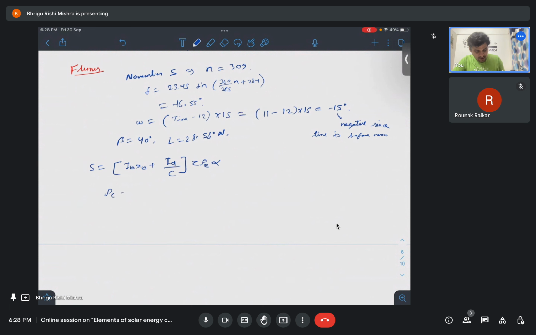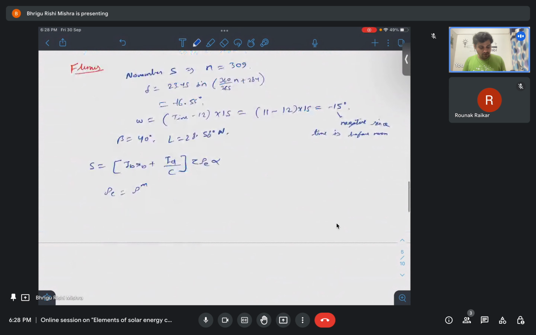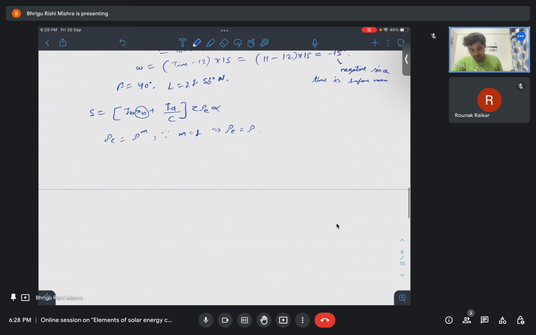So rho_E is rho to the power m, where rho is the reflectivity of the mirror or reflecting surface, and m we have already calculated, m equals 1. Since m equals 1, rho_E equals rho. Okay, now all the quantities are known here, the only unknown quantity is this R_B, which is the tilt factor.